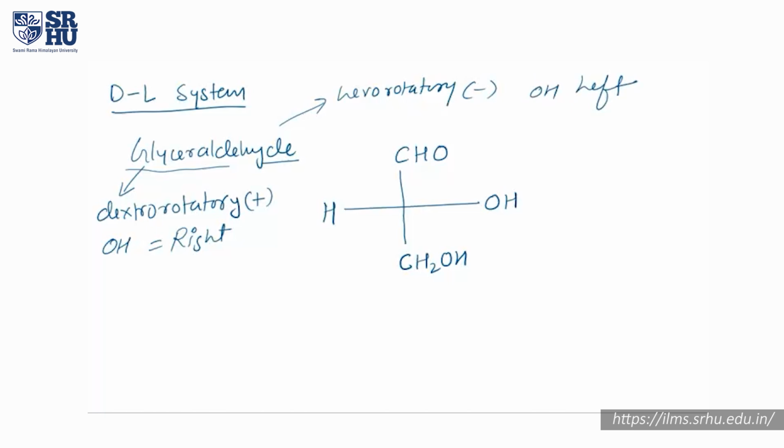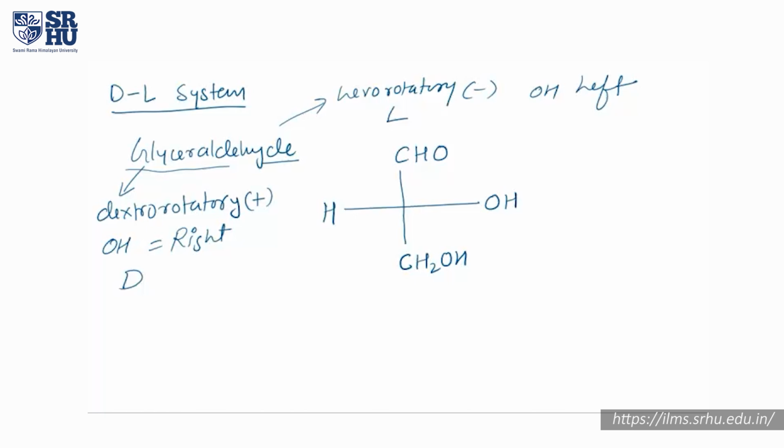The one which is dextrorotatory is given the name capital D, and levorotatory was assigned the configuration capital L. Now we have arbitrarily chosen it.